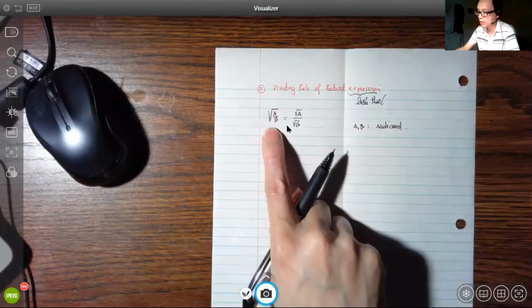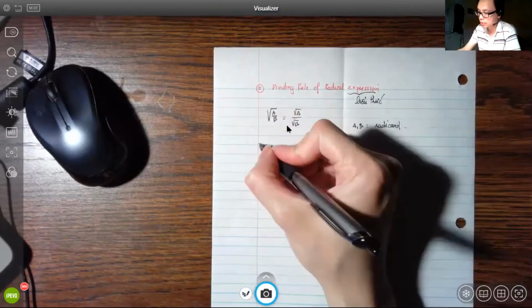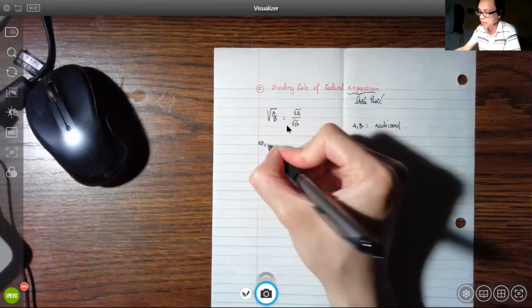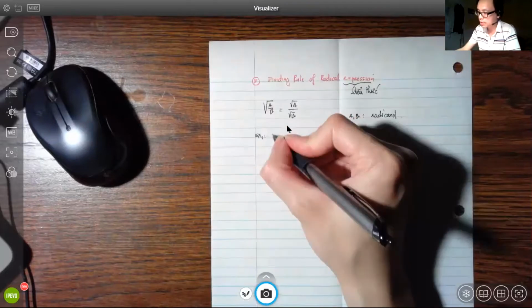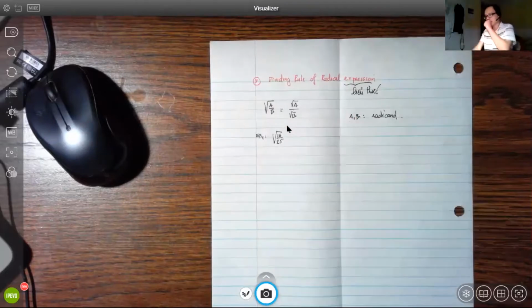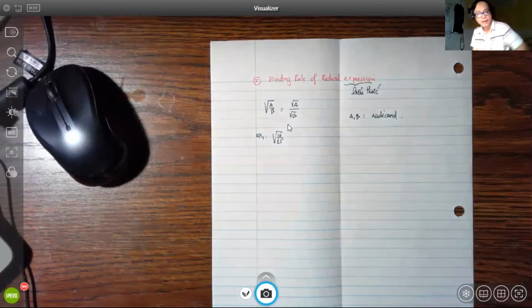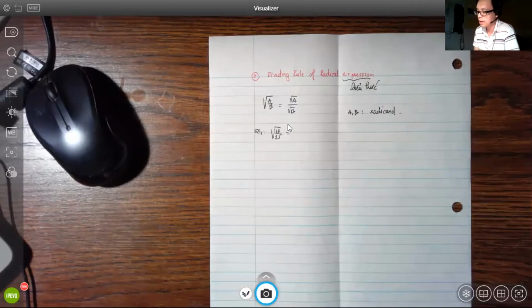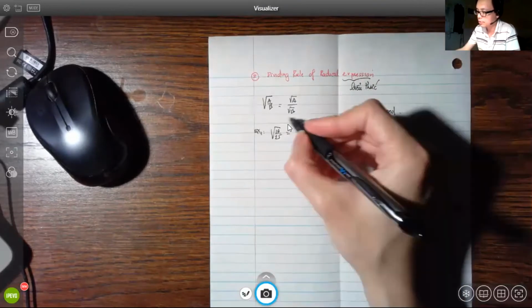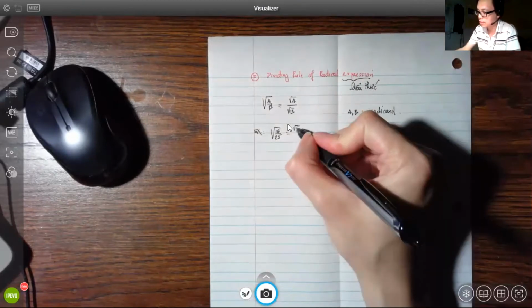So how are we going to use this rule? It's pretty simple. Let me give you a very simple one with numbers. For example, I have square root of 16 over 25. You see that I have a fraction 16 over 25 here, and I can split it up into radical of 16 over radical 25.